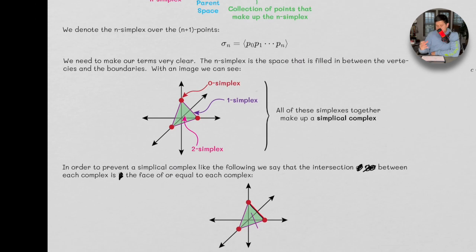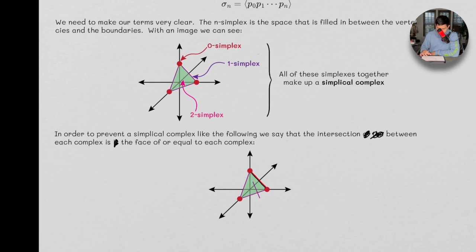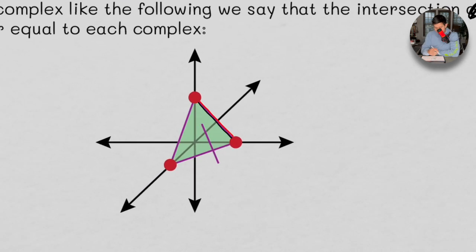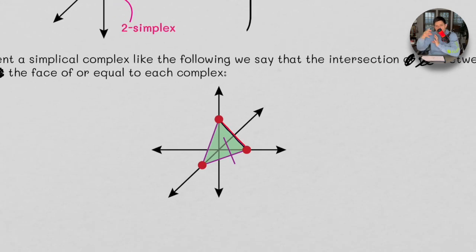And all of these together make a simplicial complex. In order to prevent a simplicial complex like the following, we say that the intersection between each complex is a face of each complex. So we're saying that the intersection is the whole complex itself.